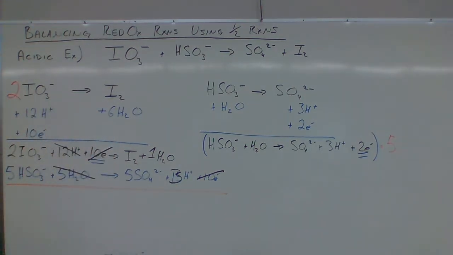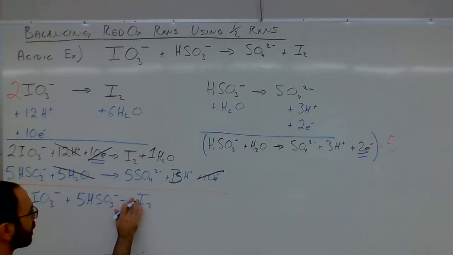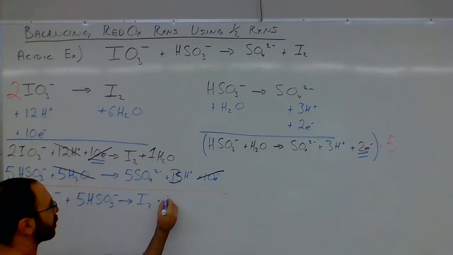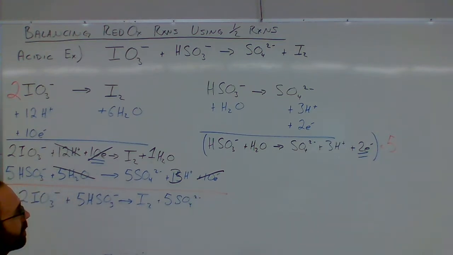So when I write out my overall balanced reaction here, I have 2 iodates plus 5 HSO3 minus is going to give me some iodine, some I2, plus my 5 SO4 2 minus.